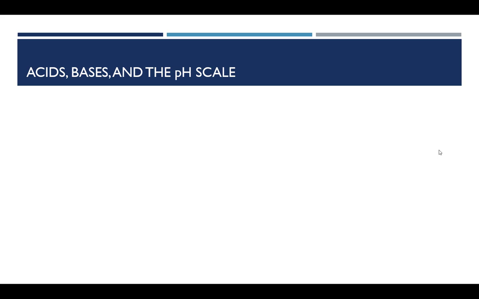For aqueous solutions at room temperature, there is an important relationship between the concentrations of hydronium ions and hydroxide ions. The product of the concentrations of hydronium and hydroxide ions must always equal 1.0 times 10 to the negative 14.